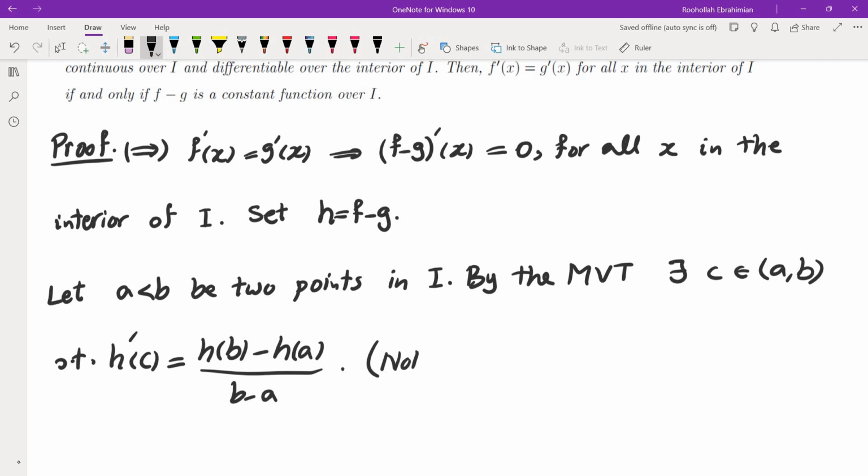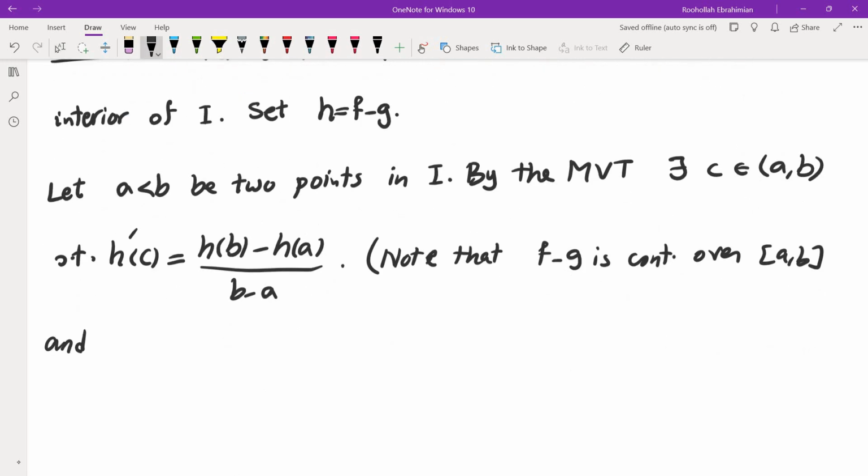So note that f minus g is continuous over the closed interval and differentiable over the open interval.